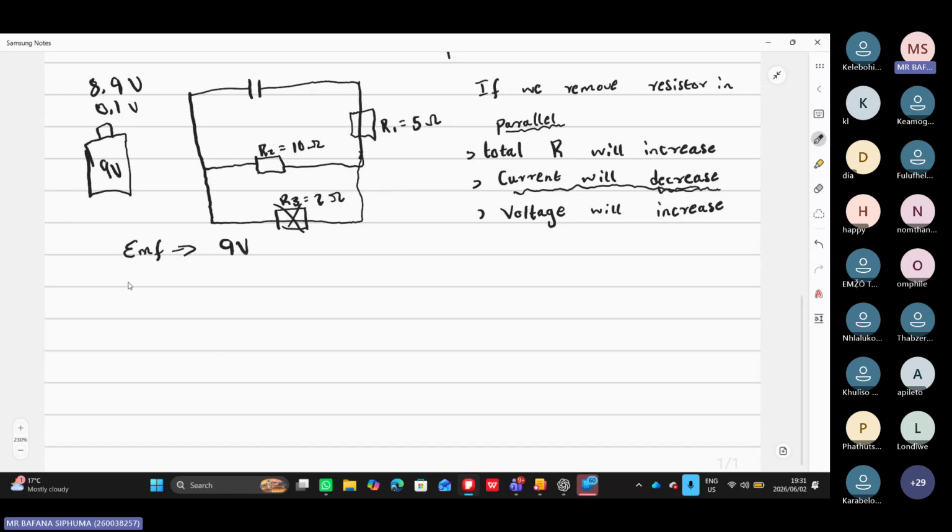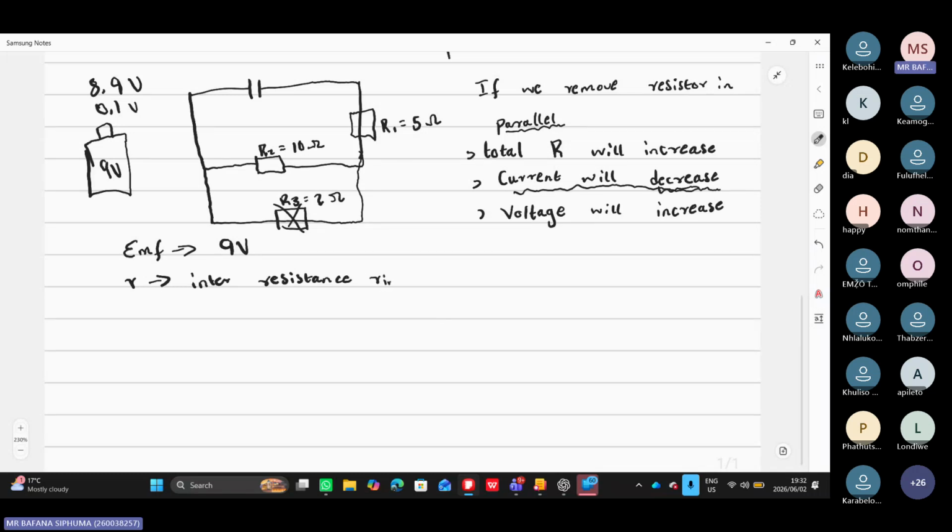Then we have this guy, which we call the internal resistance. The internal resistance is that one thing which is going to steal your voltage in your battery. This is the guy, we call him a thief.